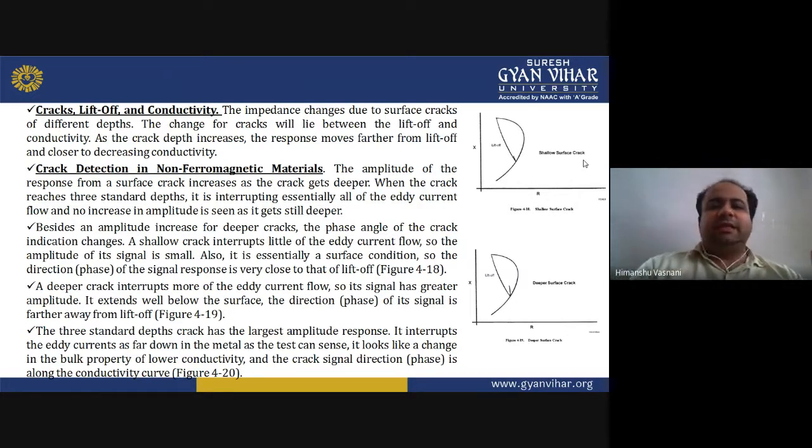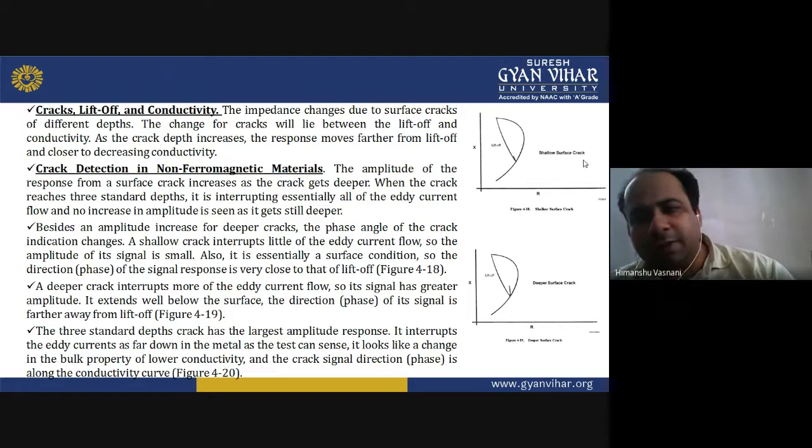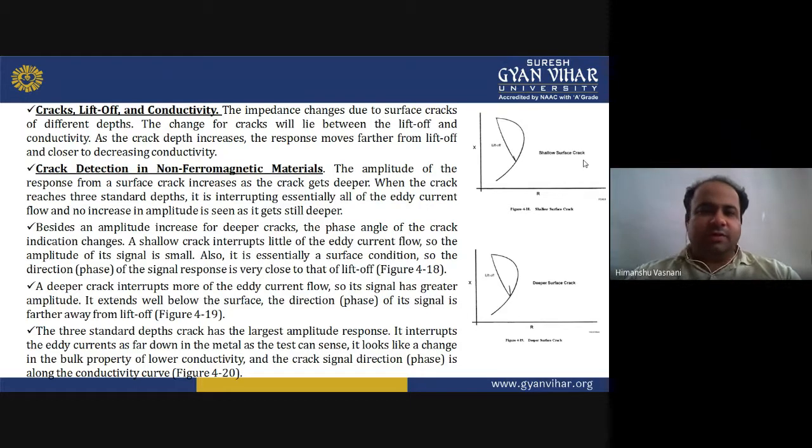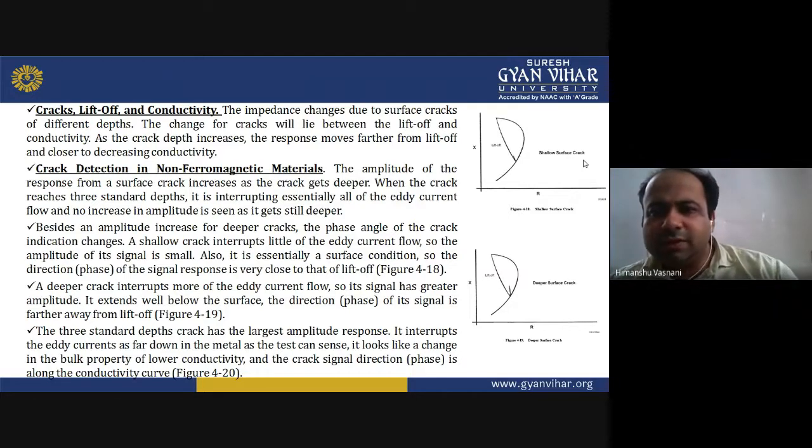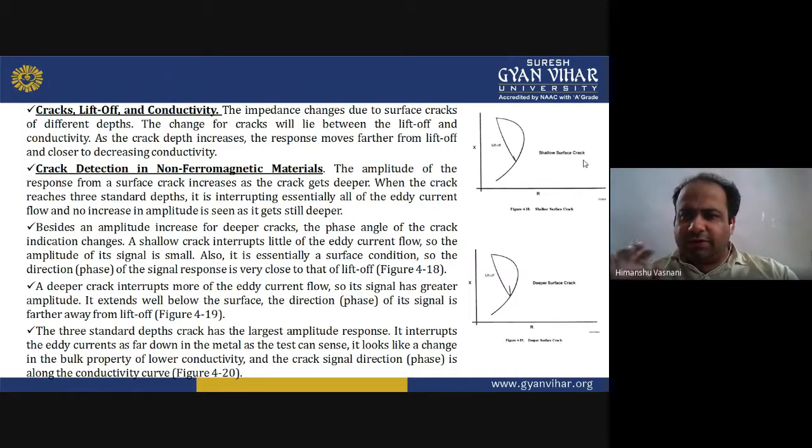You can see this in the upper diagram, where there is a shallow surface crack. A shallow surface crack interrupts little of the eddy current flow, so the amplitude of its signal is small.